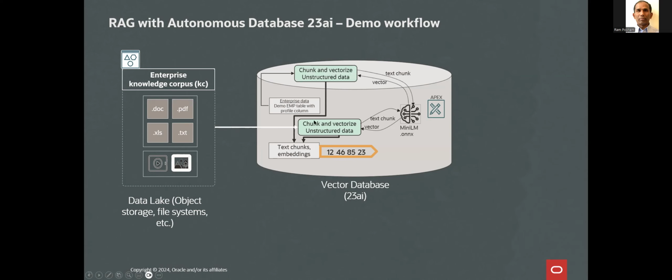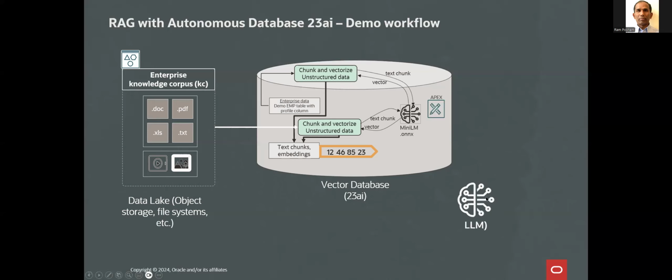And I'm going to do the same thing for this enterprise data. For this demo, I'm using an employee table, so the profile column is a varchar2 column. I chunk that and get the vector representation, and I'm going to store that in this metadata table. All right.